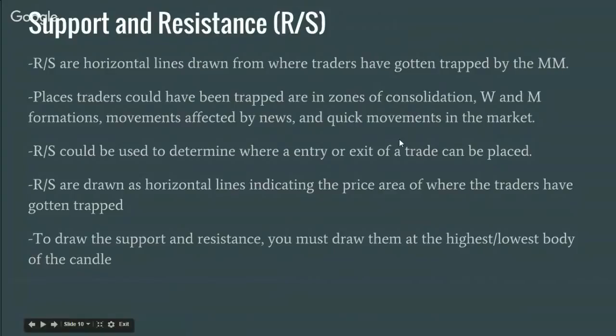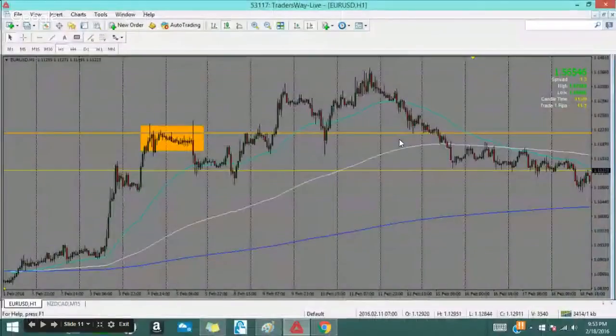All right. Here we go. Let me know if you guys didn't copy everything. I'm pretty sure I gave you guys enough time to do so. Okay, so here's the first example. Highlighted in the orange box, that is consolidation.